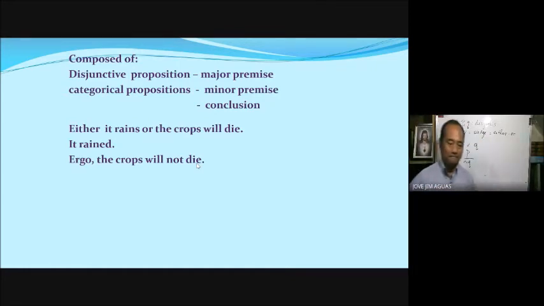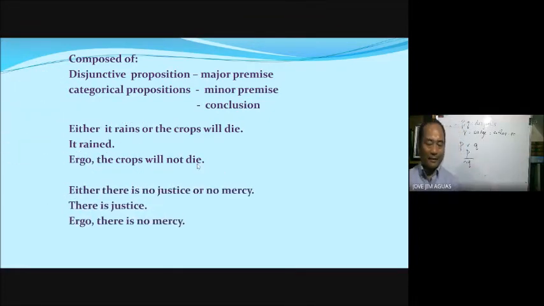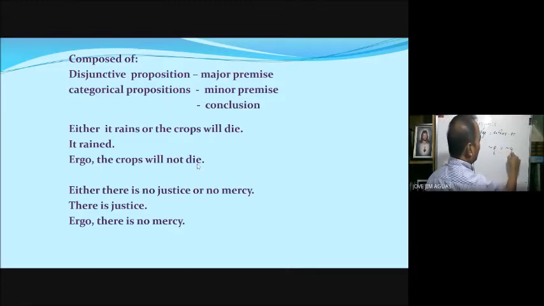Now, let's have another example. Either there is no justice or no mercy. Not P or not Q. There is justice, there is P. Therefore, no mercy.